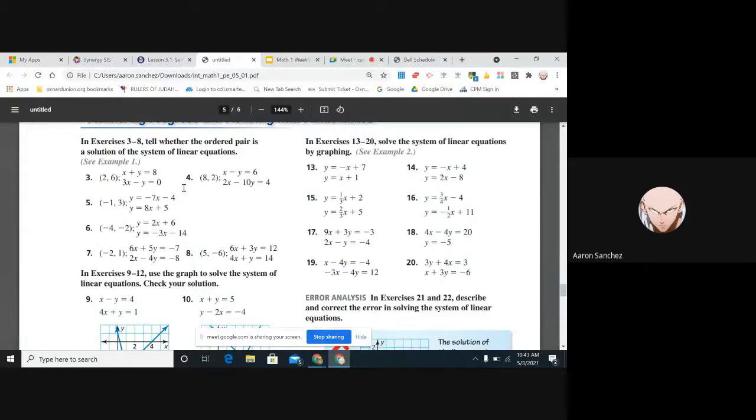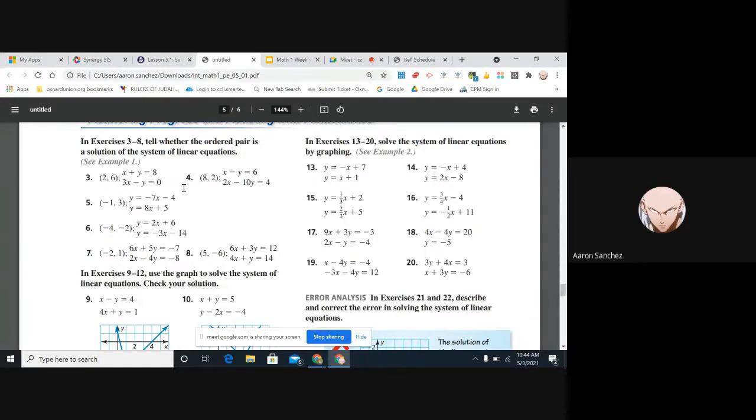And does 3x minus y equal 0? And is the solution of this system (2, 6)?